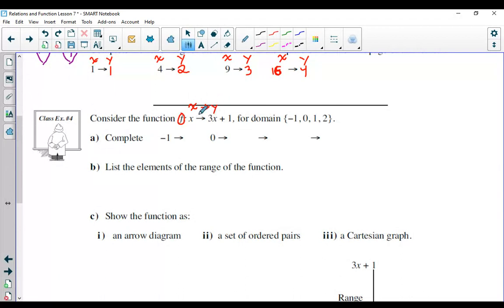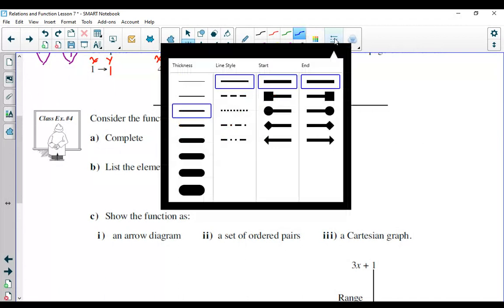What this is telling you is that the relation is y equals 3x plus 1. If you want the value of y, you plug the value of x into the expression 3x plus 1. And we're going to do it for a domain of -1, 0, 1, and 2.